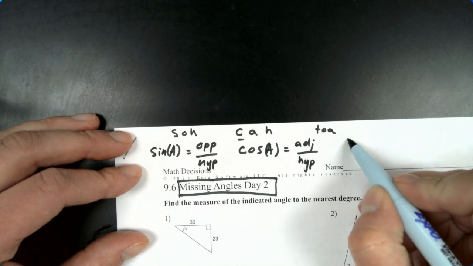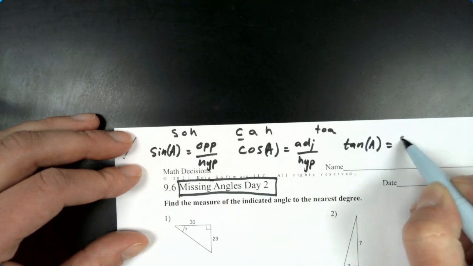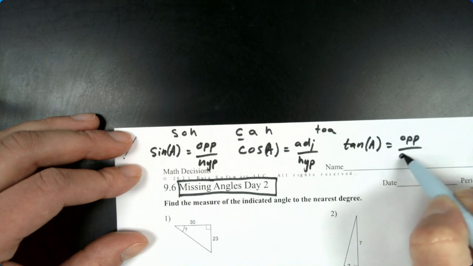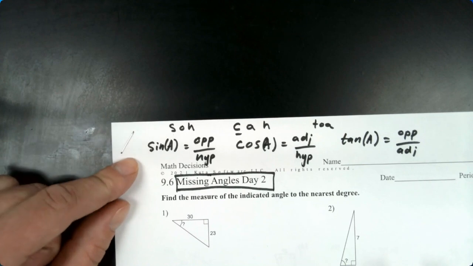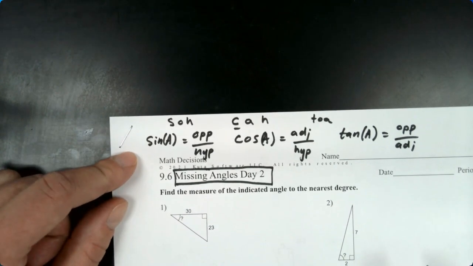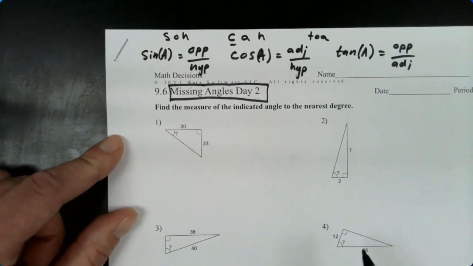And then the tangent of the angle equals the opposite side over the adjacent side. And these come up if you have to take math, any type of math, these come up a lot. So that's why we're trying to learn these.